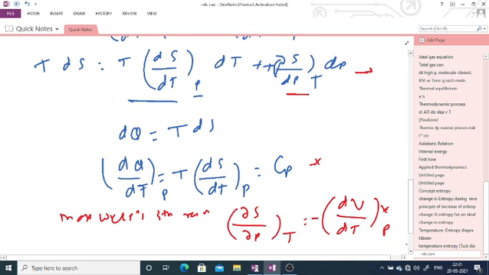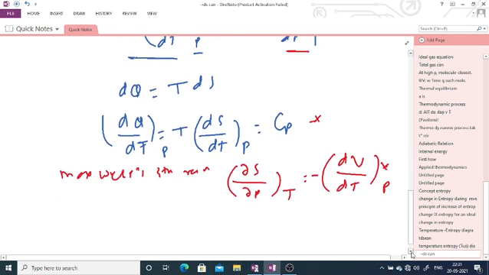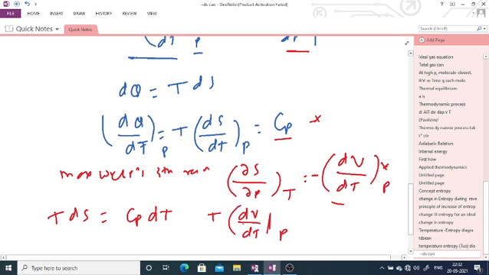Now put these two equations in this equation. So we get TdS is equal to Cp into dT, minus T dV/dT at constant P into dP.